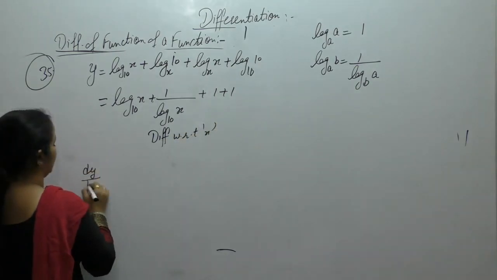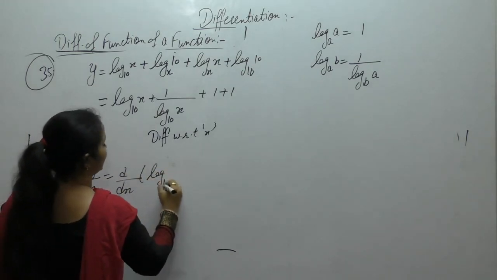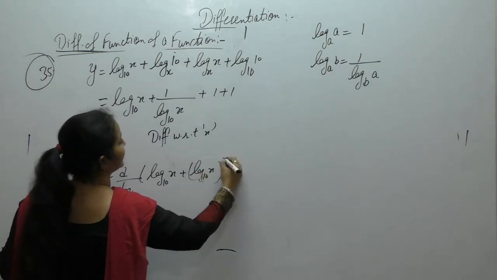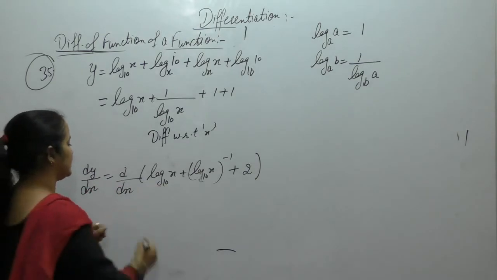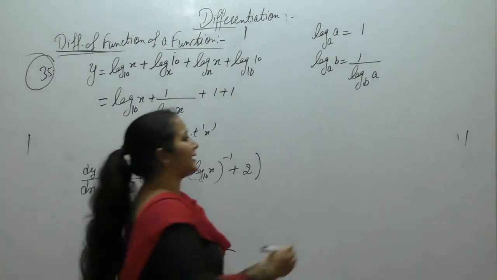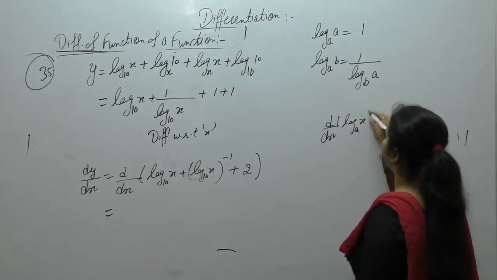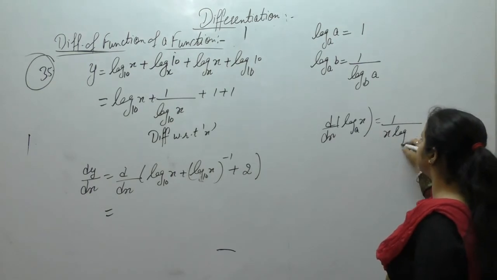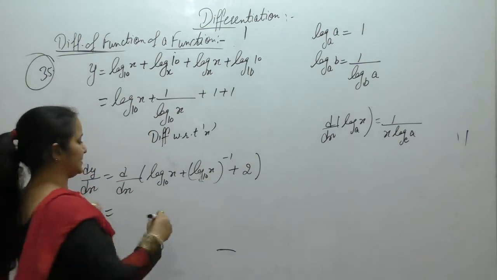dy upon dx, the derivative of all these terms, they are in addition. We can write it as power minus 1 plus 2. This is log of x with base a, the derivative of log of x with base a. The derivative of log x is 1 upon x, base is a, so log e with log a with base e is there.